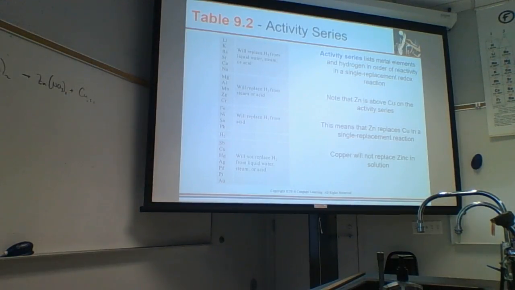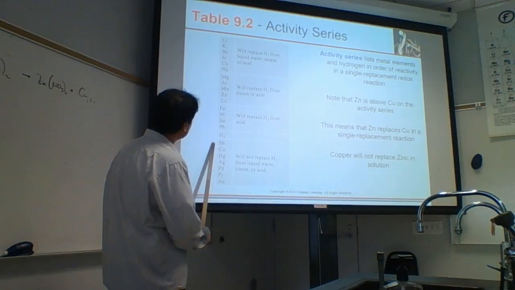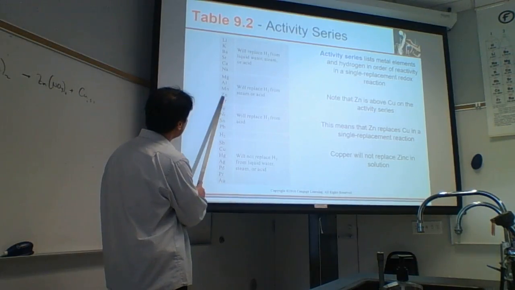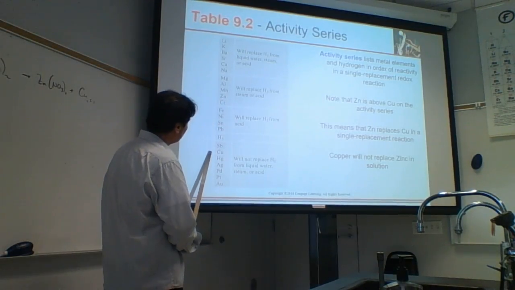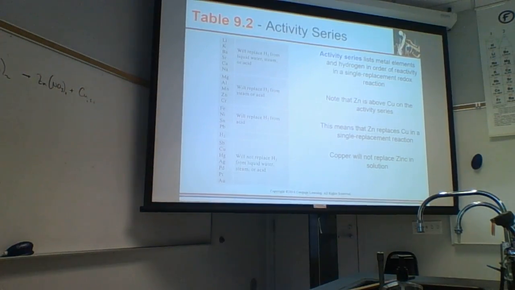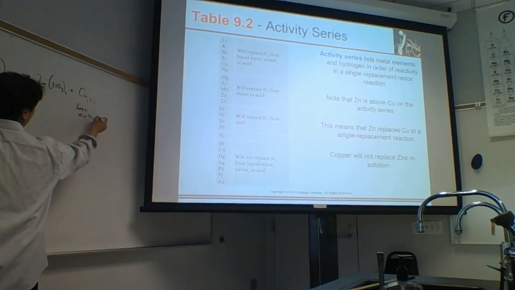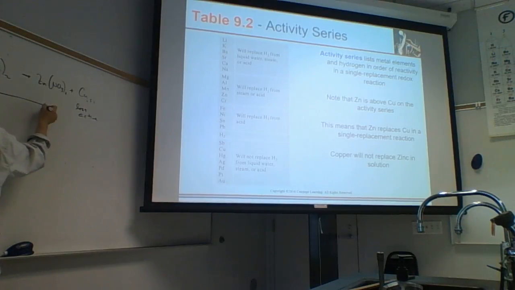So comparing zinc metal with copper metal. Zinc, yeah. So we're going from more active to less active. So that means there's a driving force present. We expect reaction.